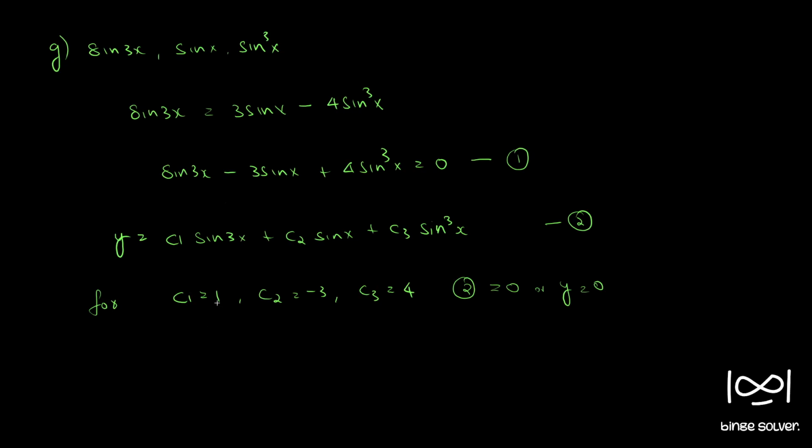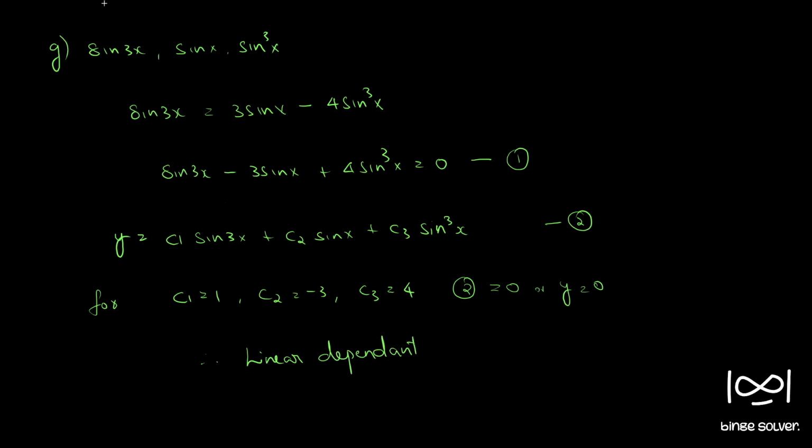Otherwise, if it was linearly independent, y equal to 0 should have been true only when c1 equal to c2 equal to c3 equal to 0. For no other values should y be 0 if it was linearly independent. So by definition, it is linearly dependent.